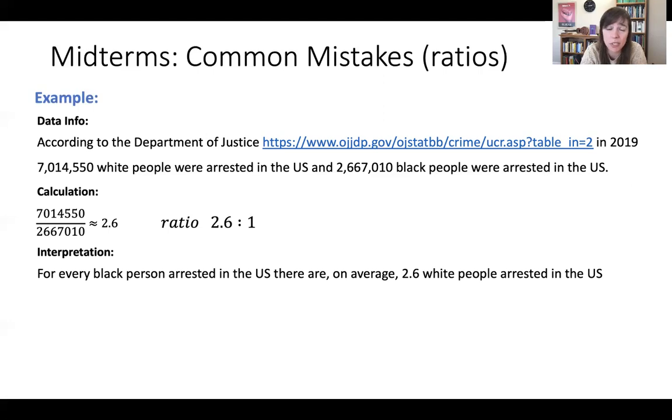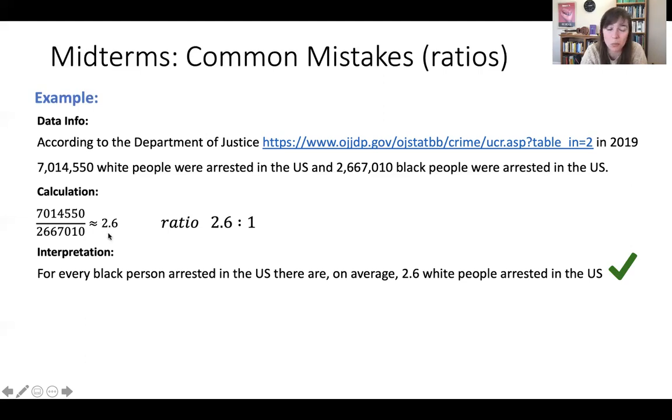Is this a correct interpretation? For every Black person arrested in the US, there are on average 2.6 white people arrested in the US. Yes, this is a good interpretation of the data. The 7 million on top was white people arrested, and the 2,667,000 was Black people arrested.